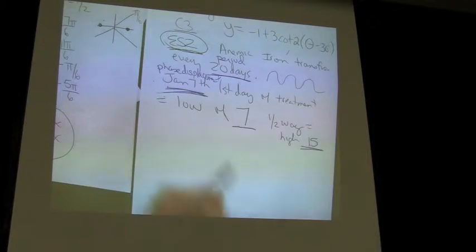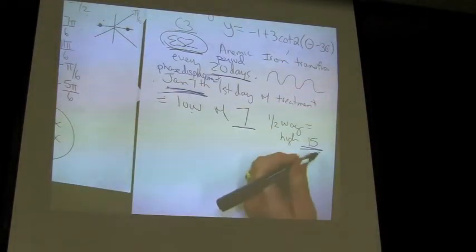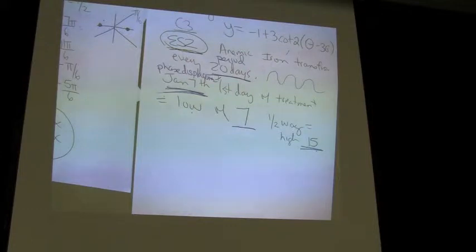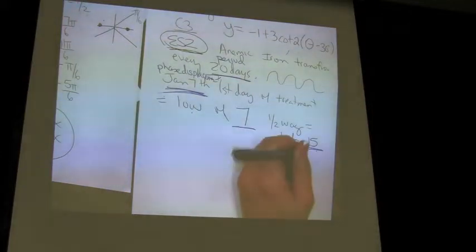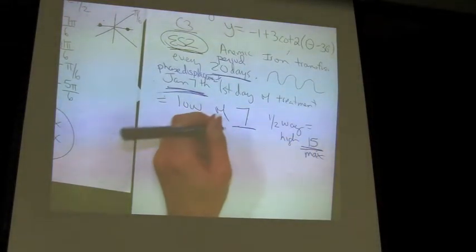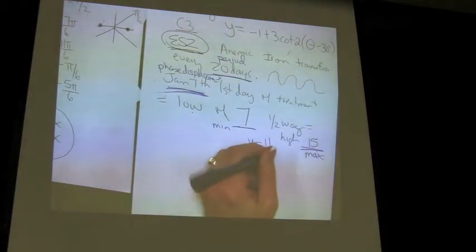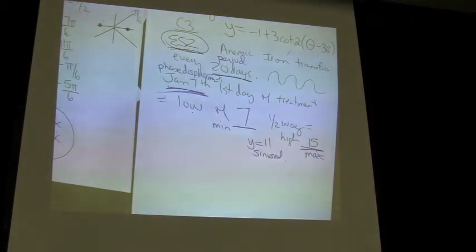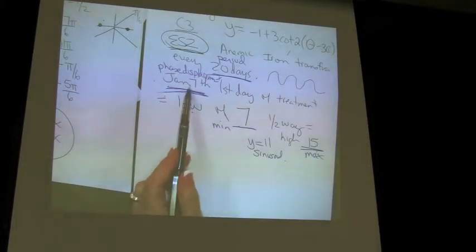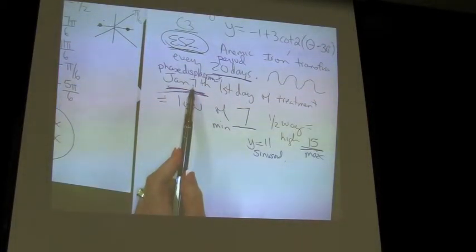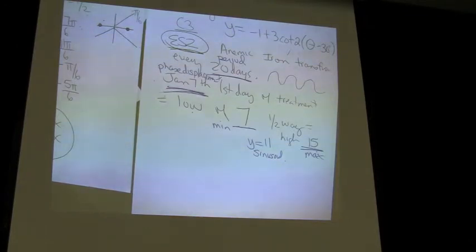Okay? The low of 7 and the high of 15 tell you what? There's your maximum, there's your minimum. Somewhere in the middle, at the number 11, is the sinusoidal axis. Now, when she goes in on January 7th, the first day of treatment, where is she? She's at a low. What does that mean?